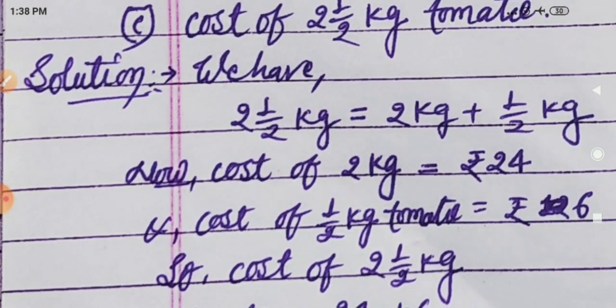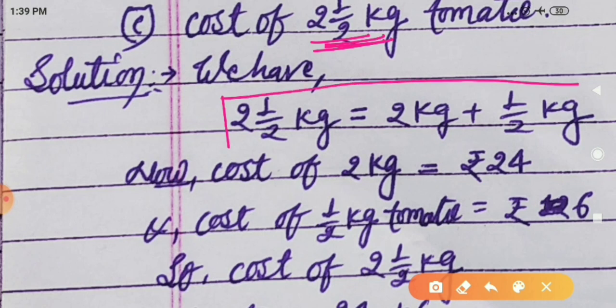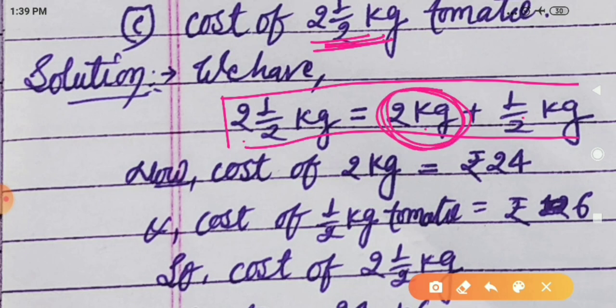See, find the cost of 2 whole 1 upon 2 kilogram tomato. So here we have a mixed fraction number. So first you can convert it into an improper fraction, or you can also split these numbers. Means 2 whole 1 upon 2 is split here into 2 kilogram and half kilogram. It means first you have to find the cost of 2 kilogram tomato, then you can find half kilogram tomato.